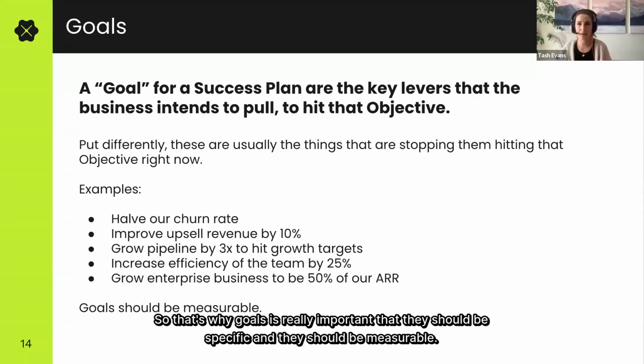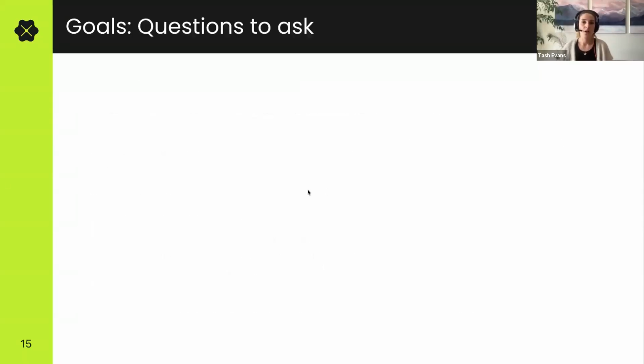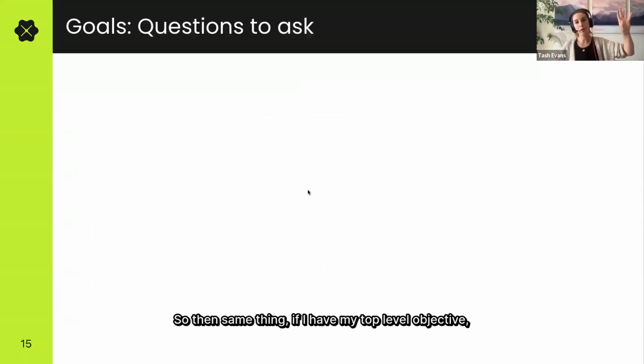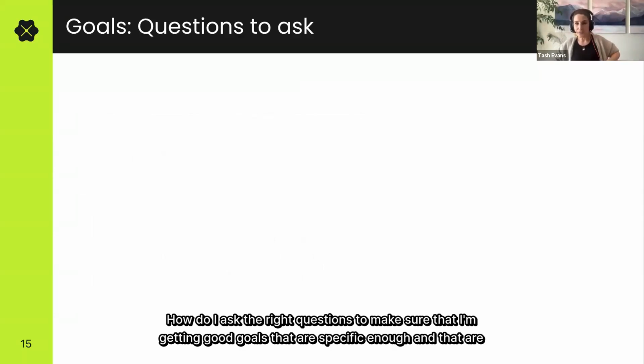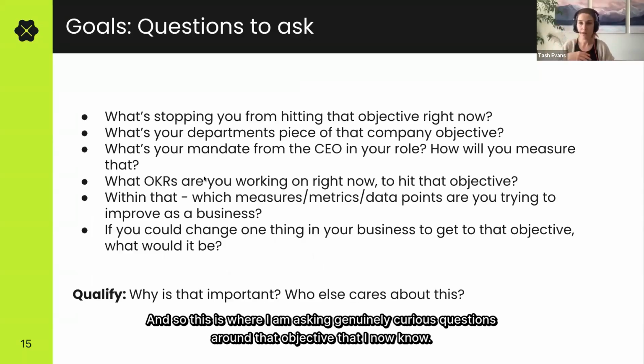So that's why goals is really important, that they should be specific and they should be measurable. So then same thing, if I have my top level objective, how do I ask the right questions to make sure that I'm getting good goals that are specific enough and that are measurable? And so this is where I am asking genuinely curious questions around that objective that I now know.